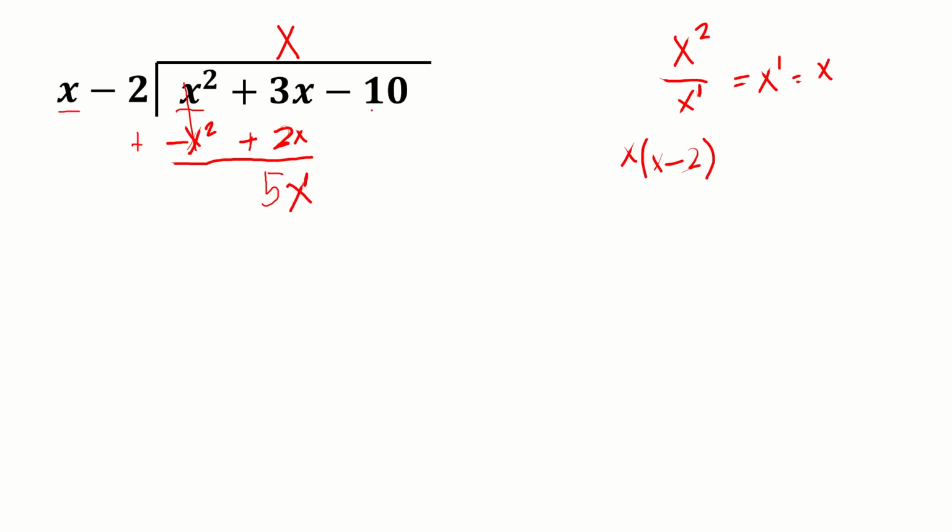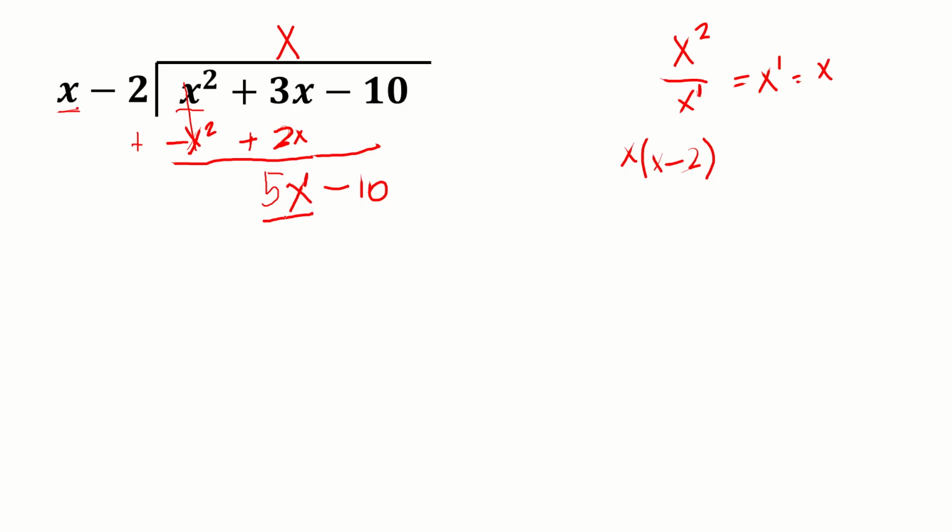Then, ang susunod na step is to bring down the next term. So, bring down natin yung kasunod na term, that is negative 10. So we have 5x minus 10. Now si 5x minus 10, yun na yung magiging bagong dividend. So balik tayo doon sa step number 2. Si 5x, itong first term na to, i-divide natin sa first term ulit ng divisor.